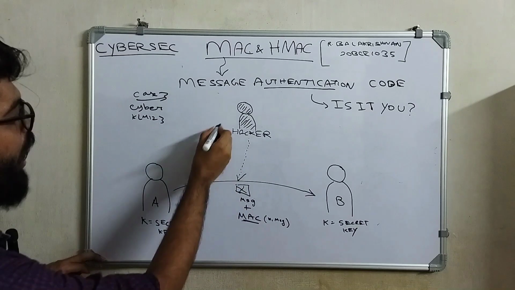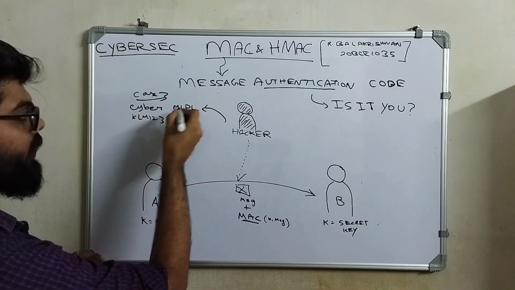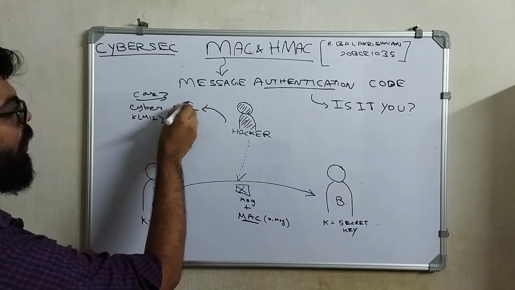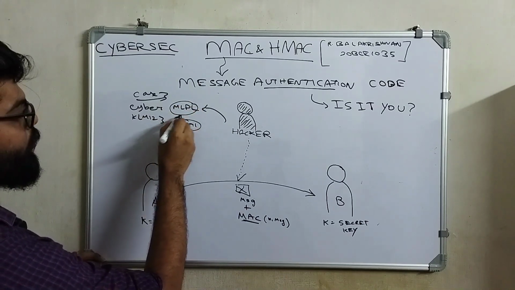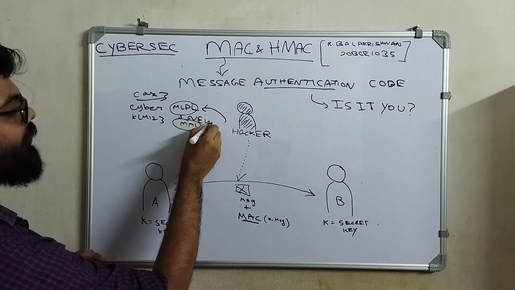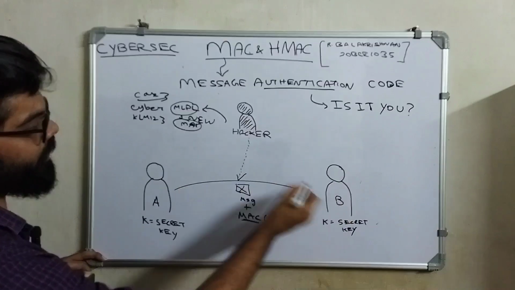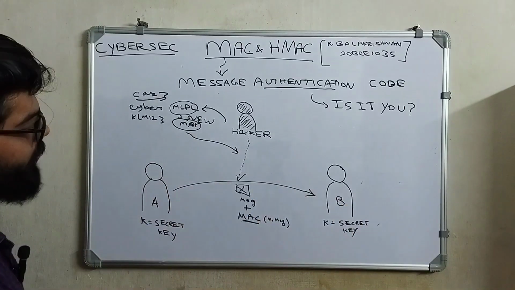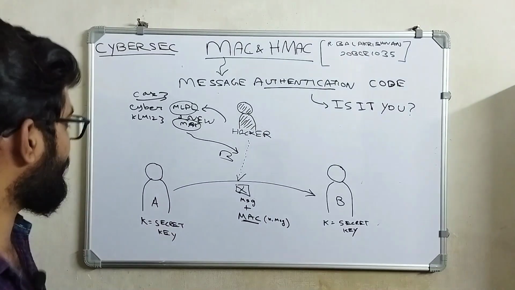What if the hacker comes in, makes the message MLDL, finds the MAC value for this, appends the new MAC value, and sends it to B? Now B cannot identify it, right? You may ask me that.